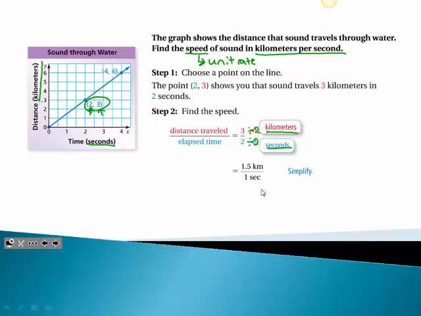And some of you might be like, wait, Mrs. Vincent, you can't have a decimal and a fraction. You're correct, but our final answer is not going to be written as a fraction. It's going to be written, the speed is 1.5 kilometers per second. Okay? So we use a fraction, but our final answer is not a fraction. Okay? All right.